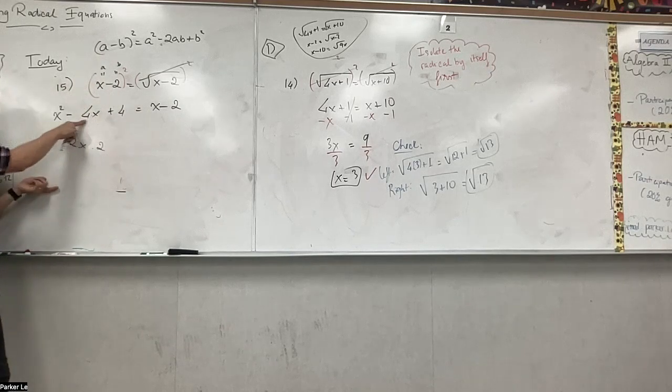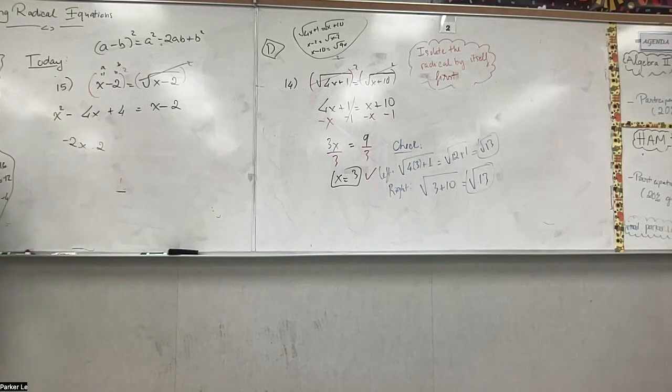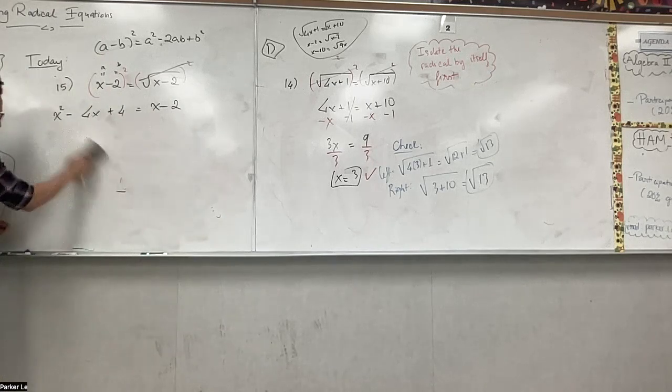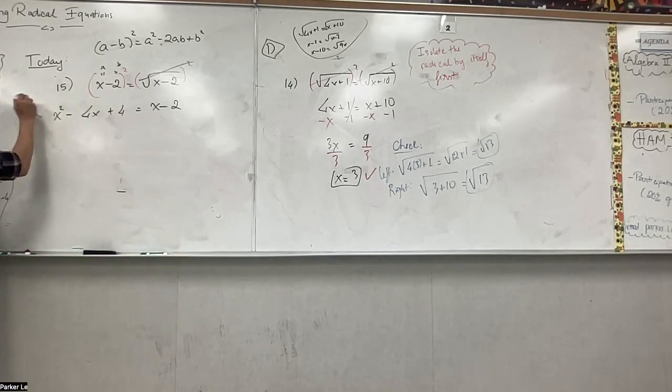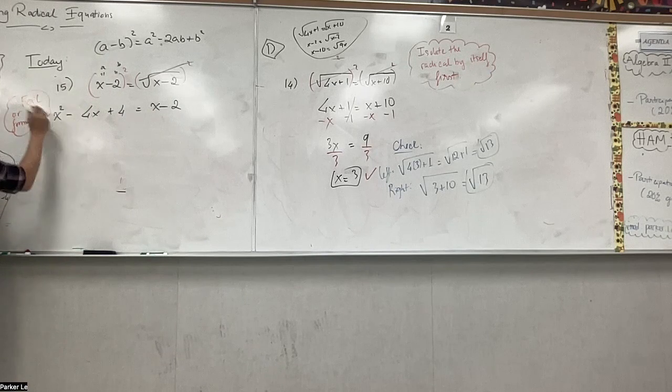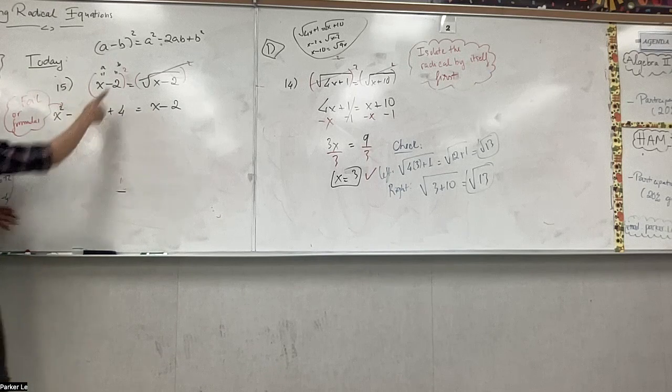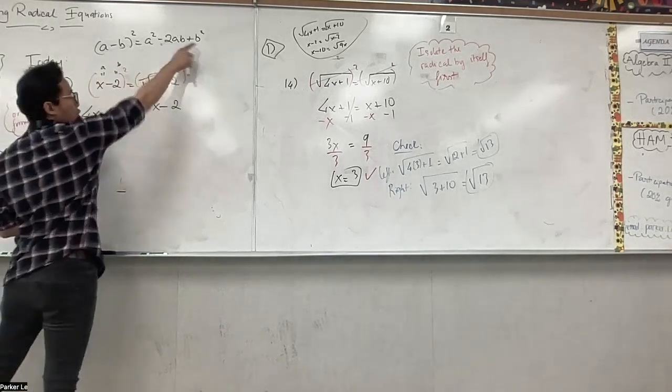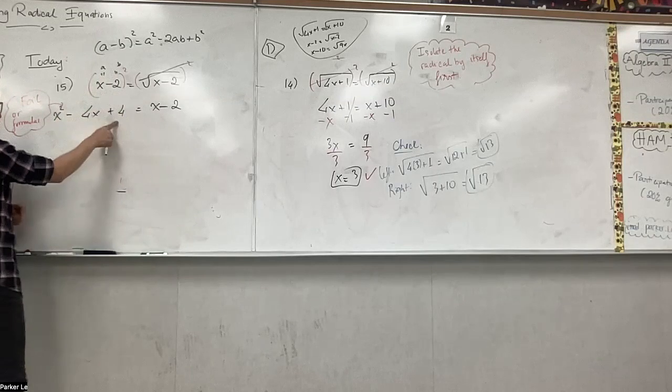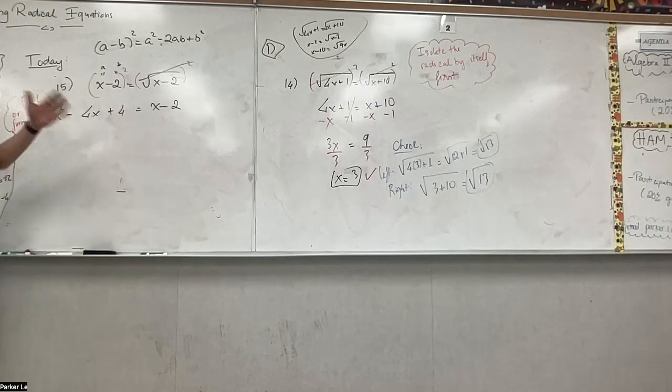So that's why we have negative 4x, and plus b square, b is 2, so b square is 4. So FOIL or the formula, either way is fine. The formula is faster, but you can do FOIL as well.